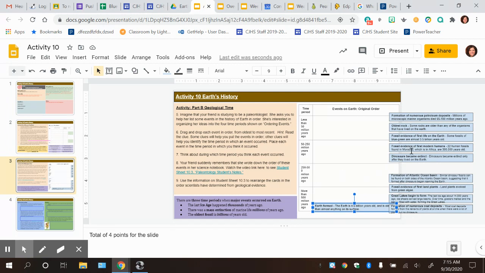Think about the introduction that we read, that humans have only been around for hundreds of thousands of years. So when it talks about the humans being around, they're going to go somewhere up here at the top. And you can go ahead and pause the video and work through that.